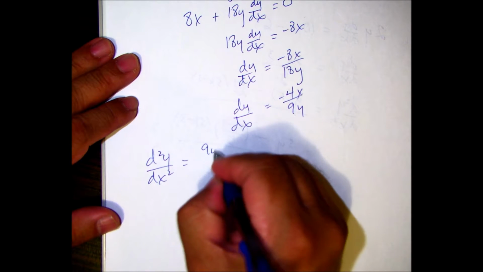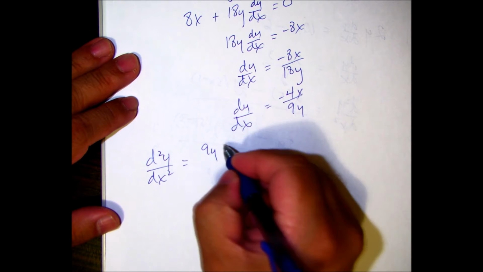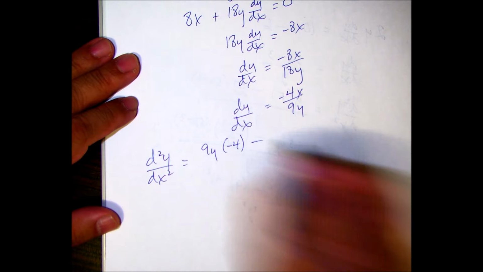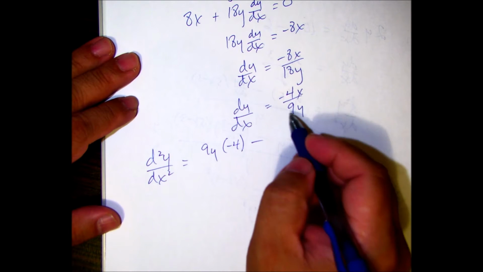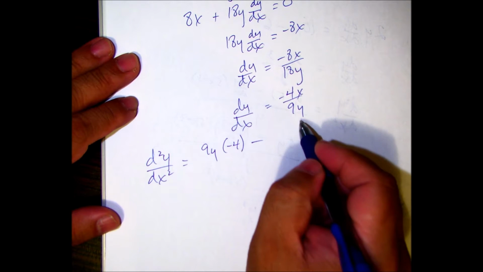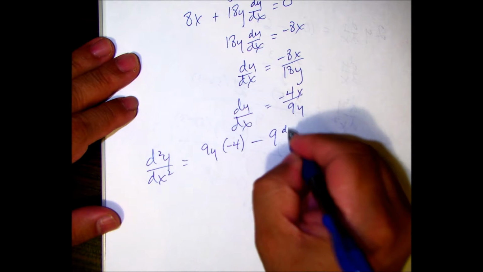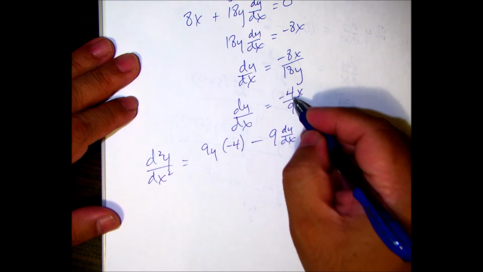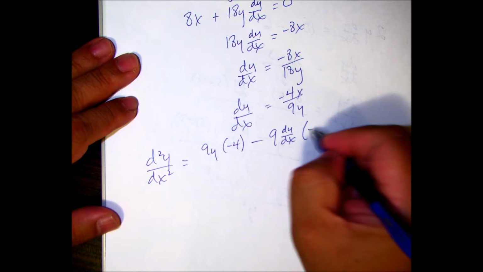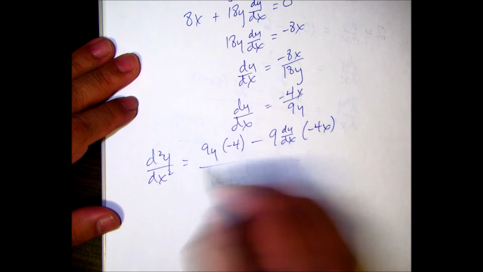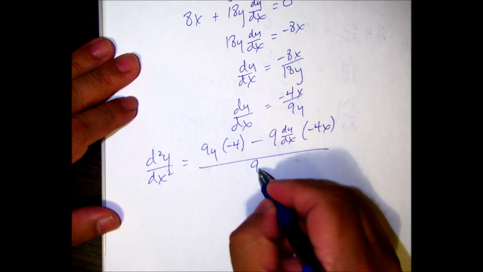So it's 9y times the derivative of the numerator minus the derivative of the denominator, which is 9 dy dx, times the numerator, all over denominator squared.